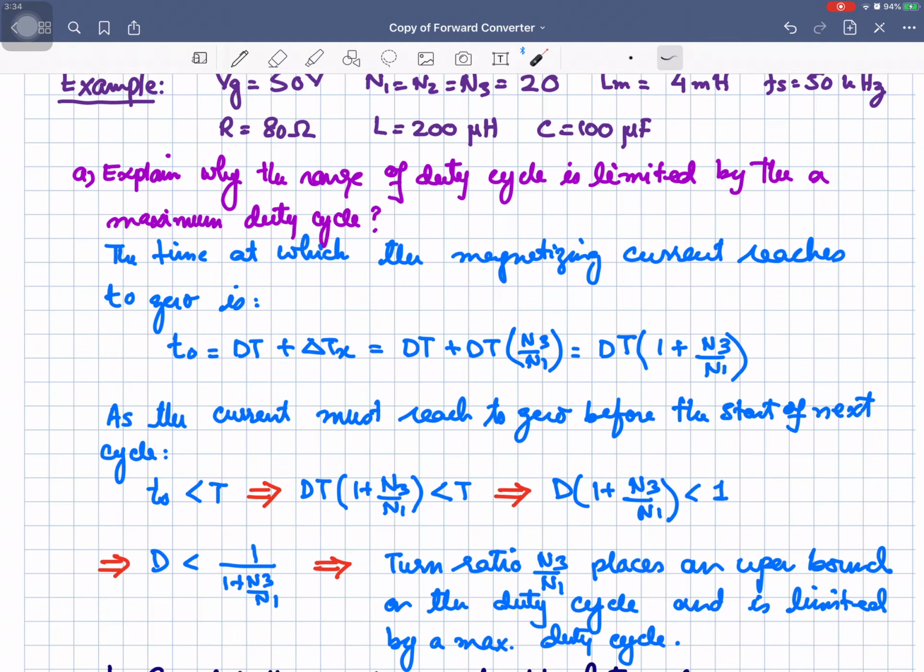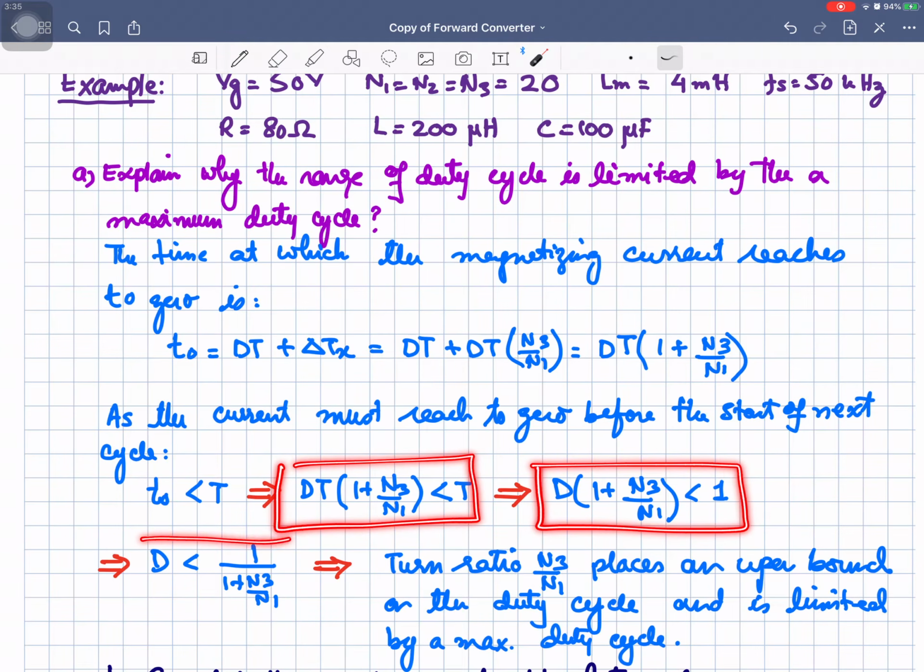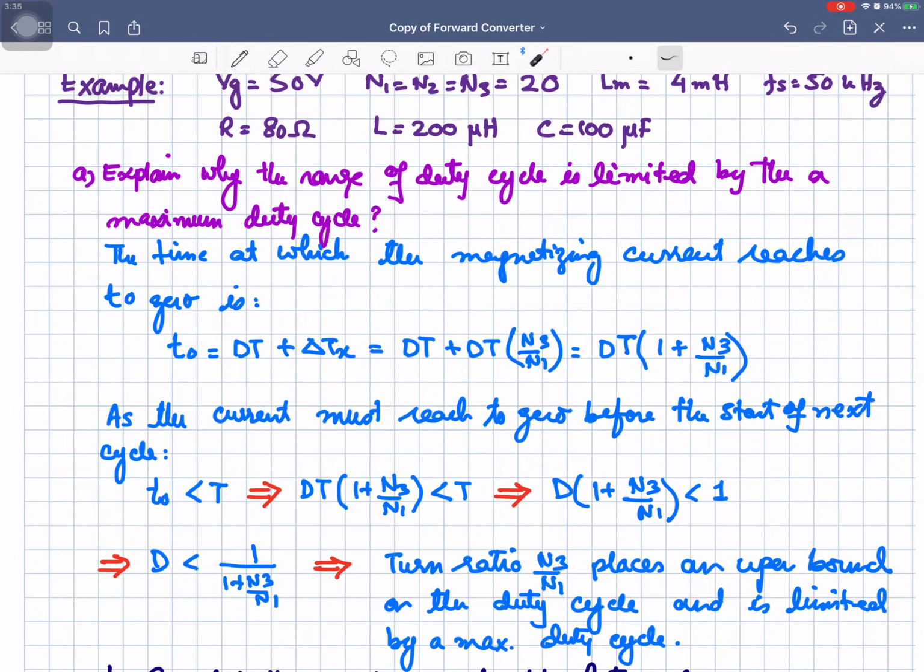Using the values we can write it like this, simplifying it like this, and rearranging we will get this expression. So the ratio n3 by n1 places an upper bound on the duty cycle ratio, right? Our duty cycle should be less than this value. So over here n3 by n1 is important. This will apply the limit.